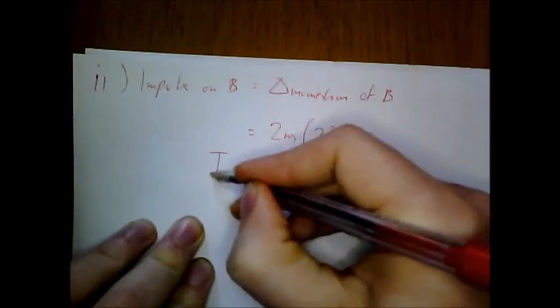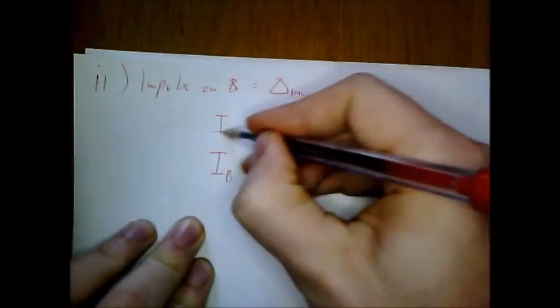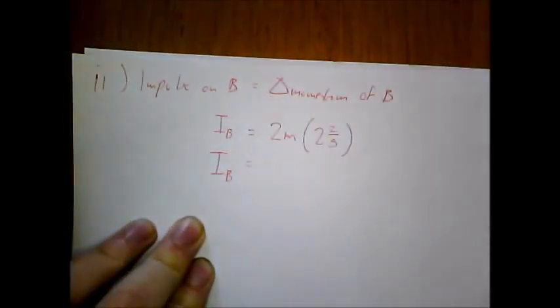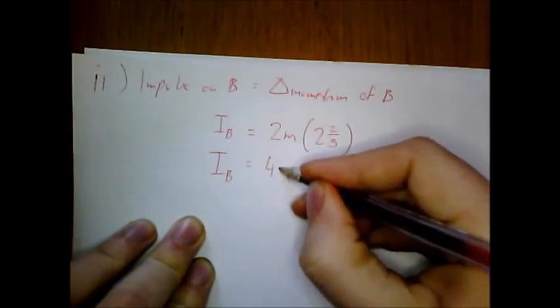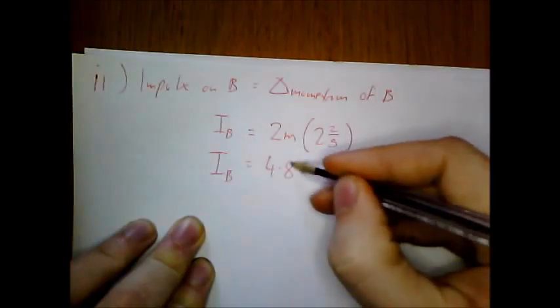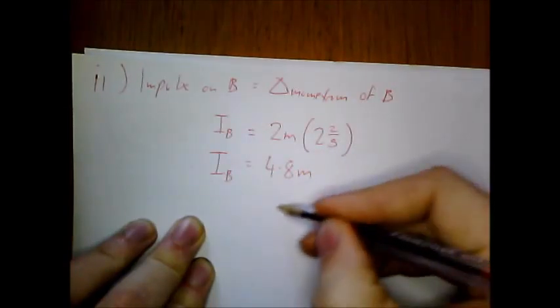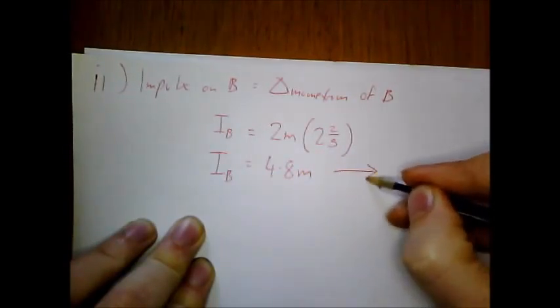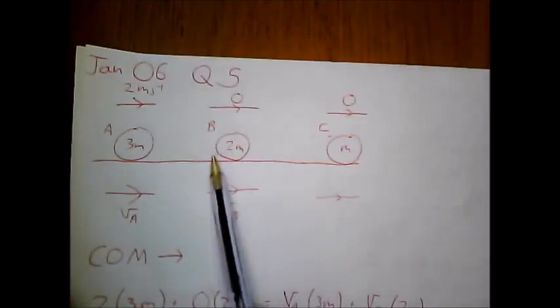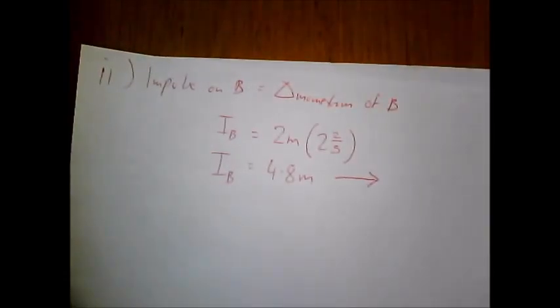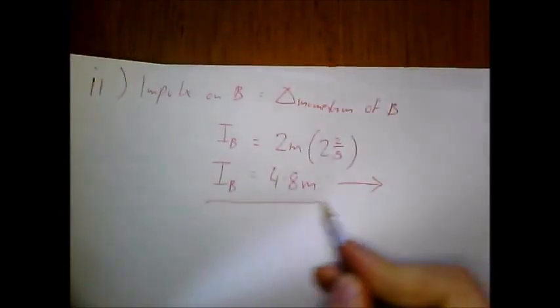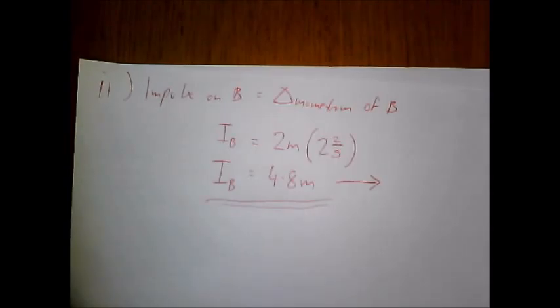So the impulse on B is 4.8m, and this is to the right. We know it's to the right because its overall change in momentum was to the right. There's our impulse, 4.8m to the right.